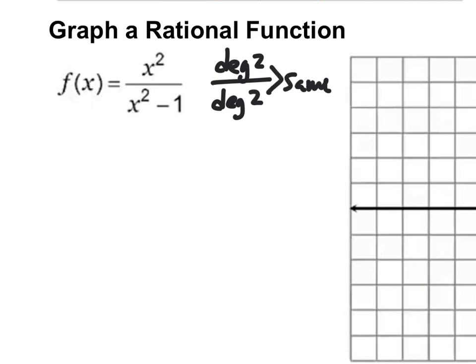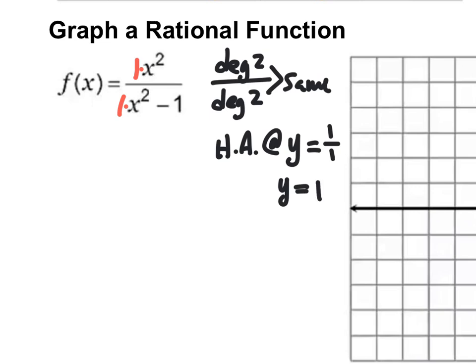Now I want to think about my leading coefficient. The number out in front here is a 1. If there is no number, the number is 1. So I take the ratio of leading coefficients, 1 divided by 1. So my horizontal asymptote is at the line y equals 1 over 1, which is just y equals 1.